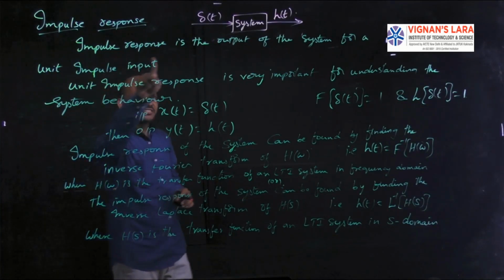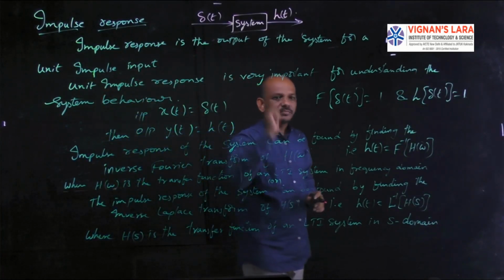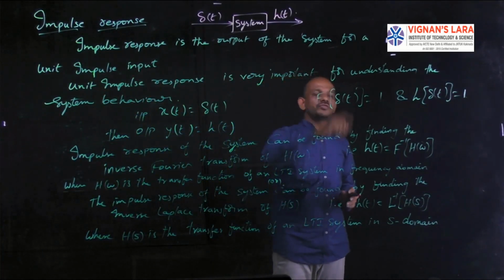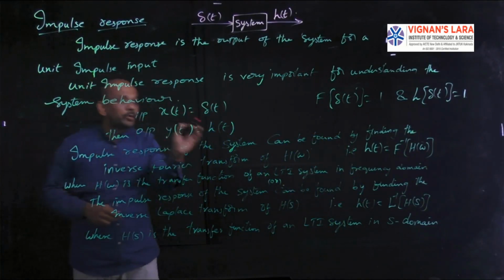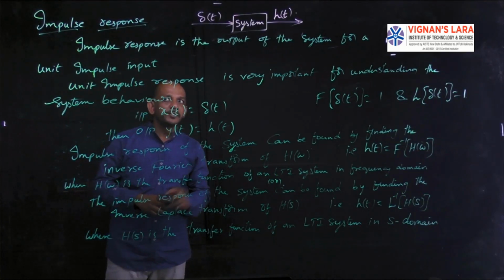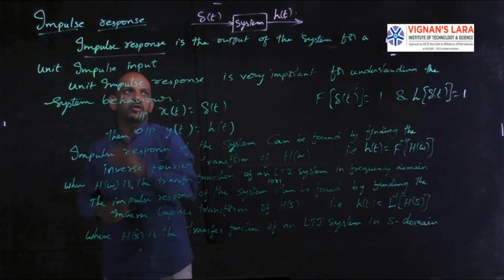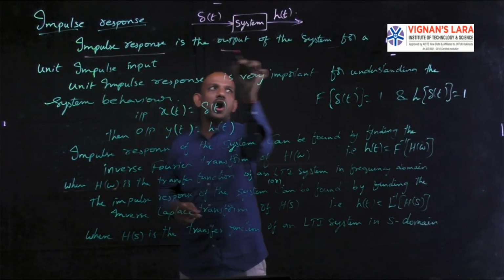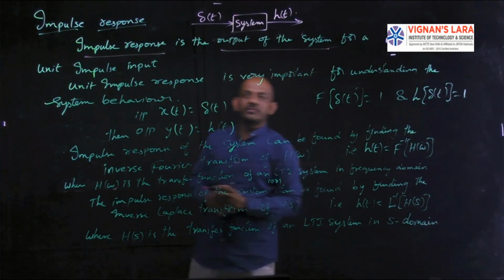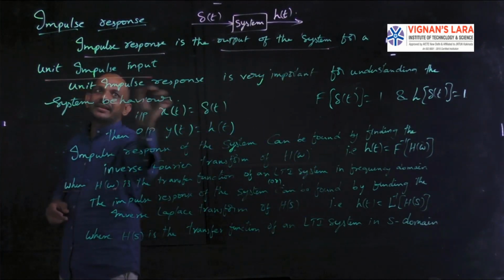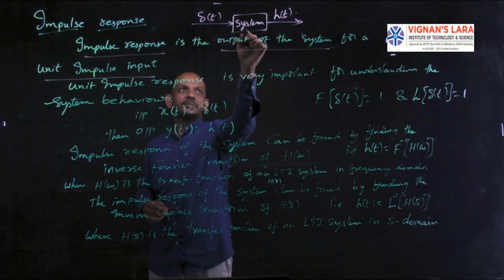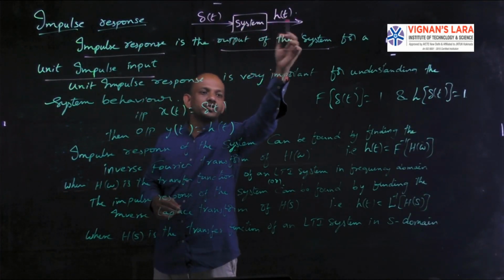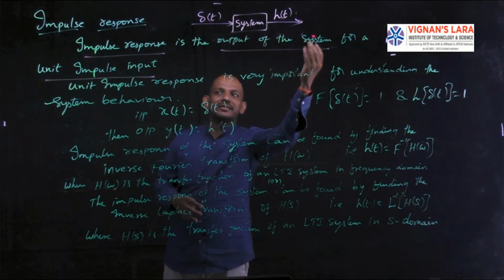So the impulse response is the output of the system for a unit impulse input. Whenever we give a unit impulse as input to the system, the output produced by the system is nothing but the impulse response.